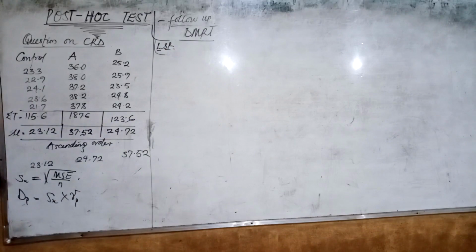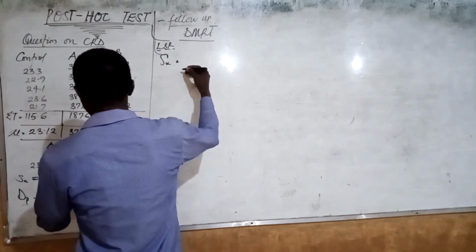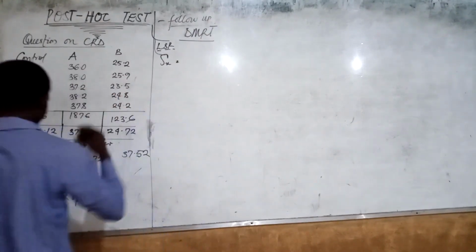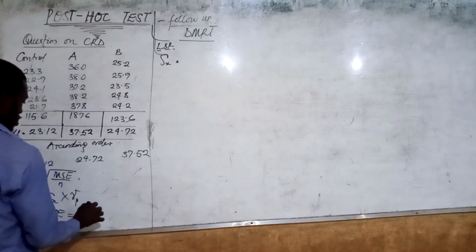You know how to calculate S sub X already. S sub X is equal to the square root of MSE over N. From our calculation in the previous video, we got that MSE is equal to 0.83.